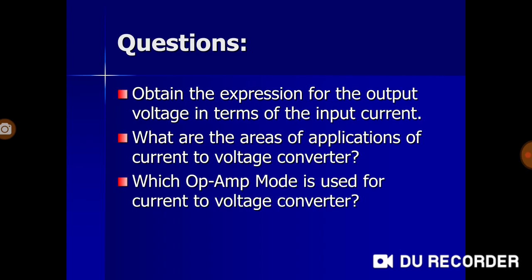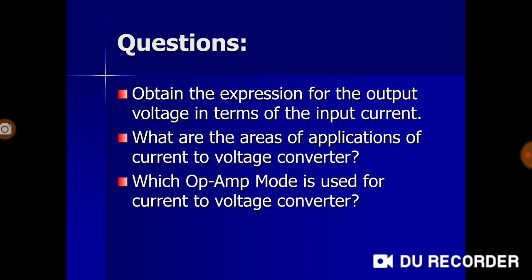Next we go with the revision questions, what we have studied just now. First, obtain the expression for the output voltage in terms of input current. That is V naught is equal to minus of I in into RF, that we have studied. And obtaining means we have to derive. When the question is placed as obtain the expression, it means derive the output voltage in terms of input current.